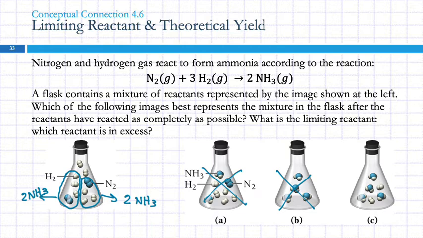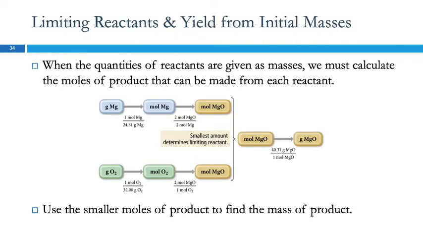It's nice to have the pictures because, if you can picture it in your mind, then when you're doing the math and stuff, it makes a lot more sense. So we don't measure things in moles, do we? We measure things in masses. So we have to add some steps on here.